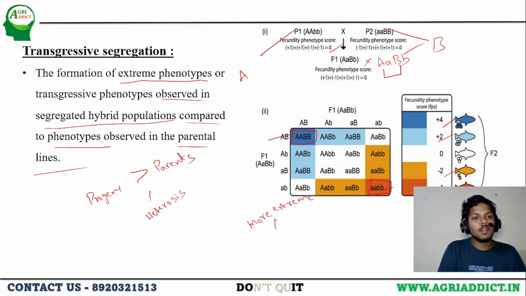Like this, transgressive segregation is seen in genes controlling the multiple factor hypothesis or polygenic inheritance. We cannot see transgressive segregation in normal genes, but in polygenes or quantitative characters, we can see it. Okay, transgressive segregation means progeny have more extreme phenotypes than the parents. Remember this, simple.